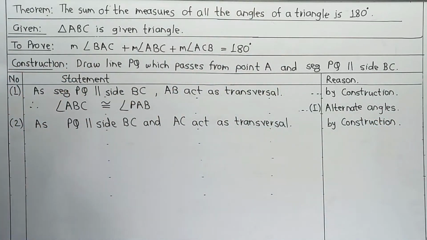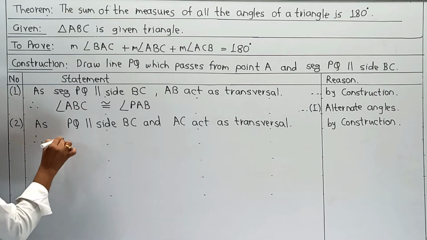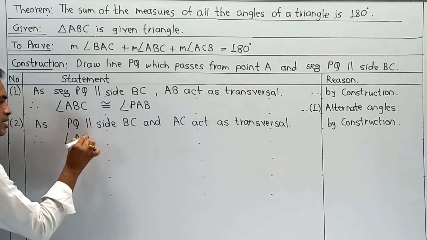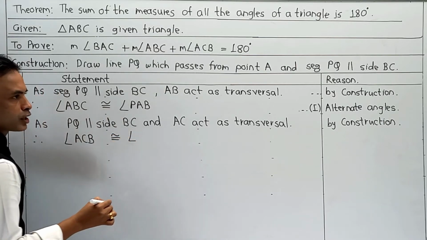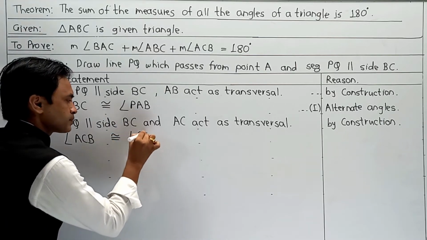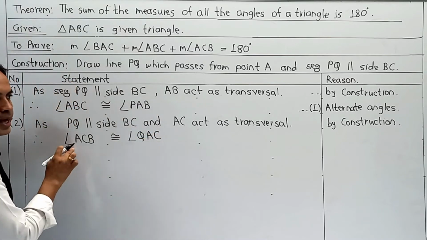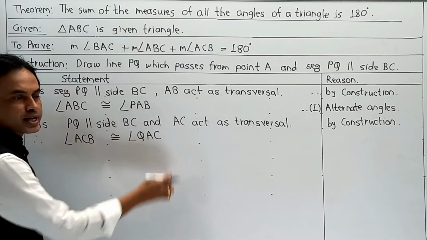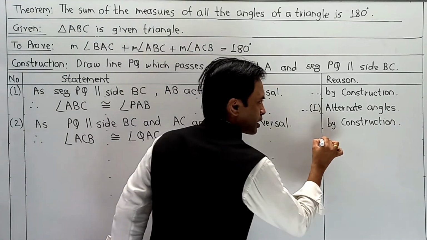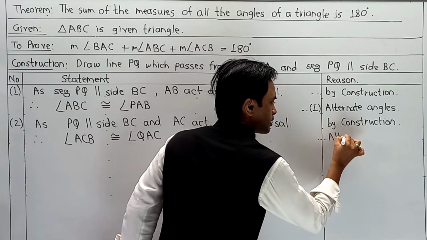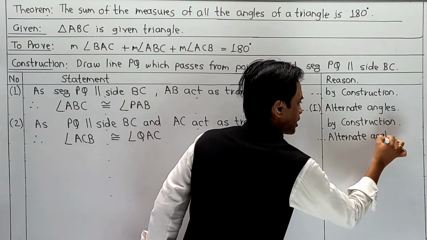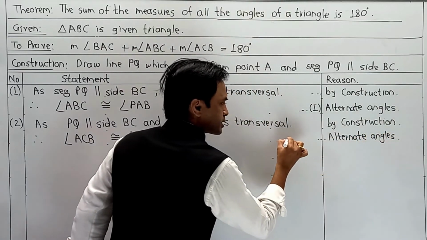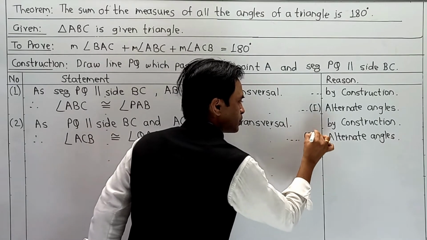Therefore, angle ACB is congruent to angle QAC, and the reason is alternate angles. I am giving it as equation number 2.